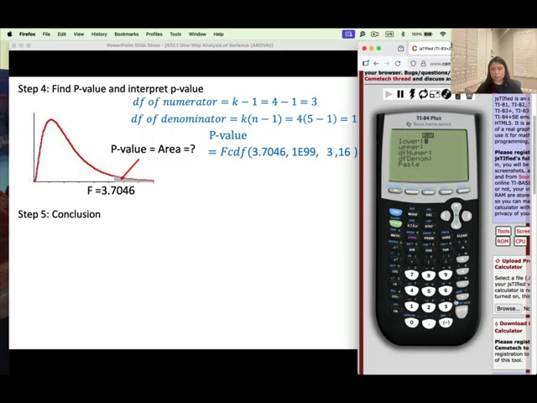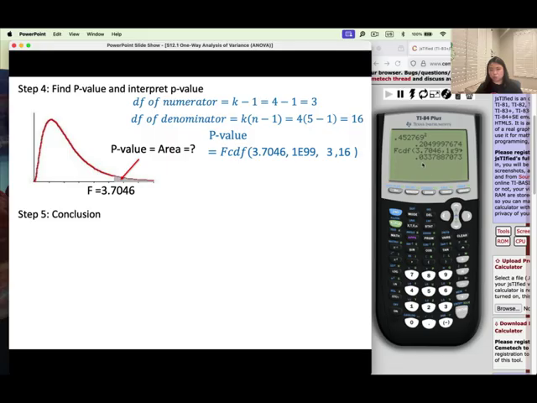Enter. So lower value, upper value 1E99. Degrees of freedom of numerator 3, degrees of freedom of denominator 16. And then paste. Okay, so you should get 0.034.